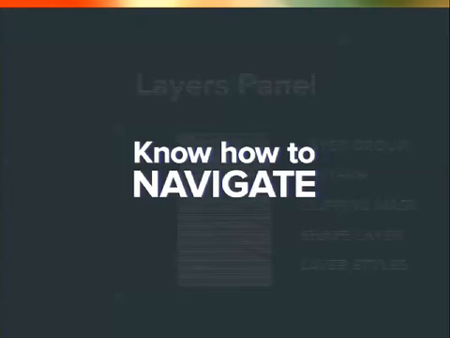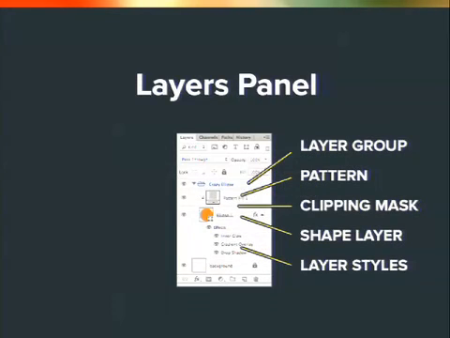But the layers panel and all of the visual UI that you can click through, having a good understanding of that is really key, especially the layers panel, because this is where you're getting into organizing your document. And having a really well-structured layers panel is really important. So you have things like layer groups and patterns, clipping masks, shape layers, layer styles. I mean, it keeps going. There are adjustment layers and all sorts of other things you can be doing in this panel.